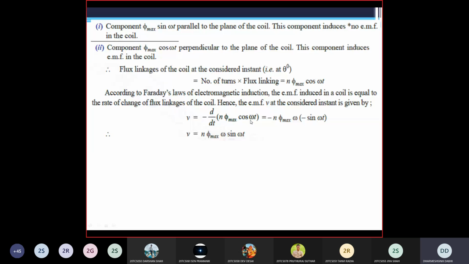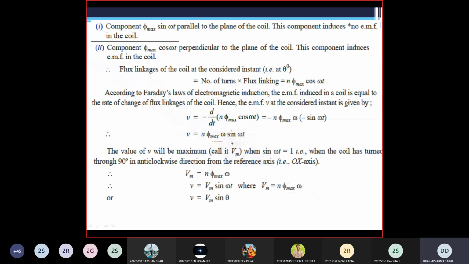So you get minus N phi max into omega into minus sine omega t. Minus minus is plus. So finally you get the equation of induced EMF as N phi max omega sine omega t.